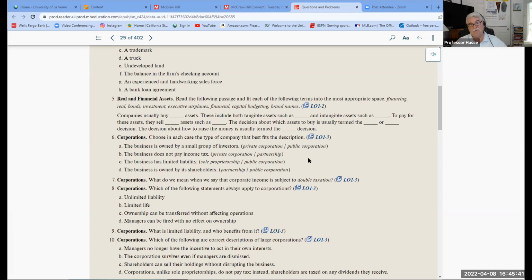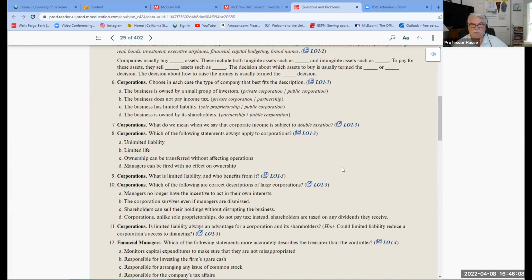Private corporations do have to pay tax. The business has limited liability, kind of what we just talked about, and that naturally is a public corporation. The business is owned by its shareholders. That's a no-brainer, a public corporation. But these are good examples of the definitions that you need to take forward into this class coming out of chapter 1.